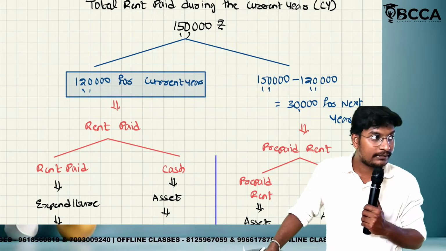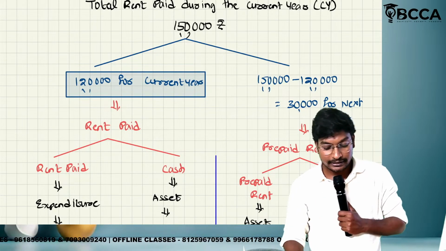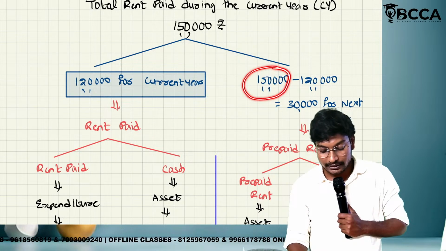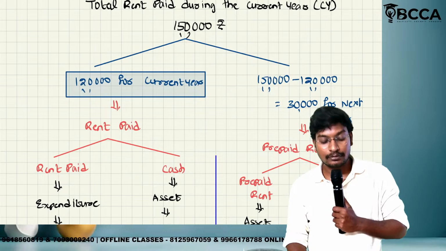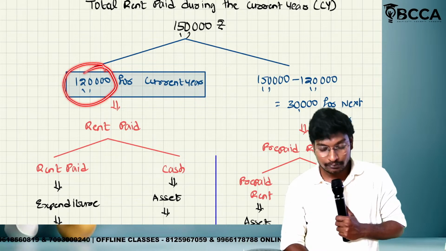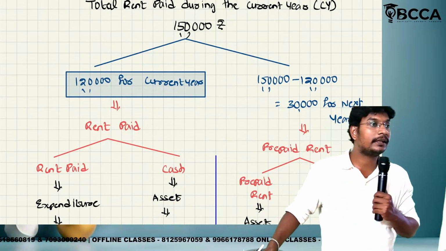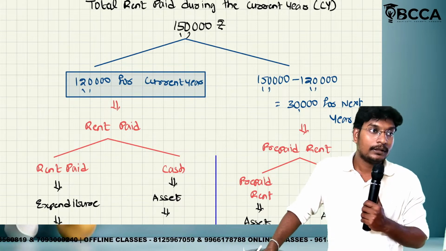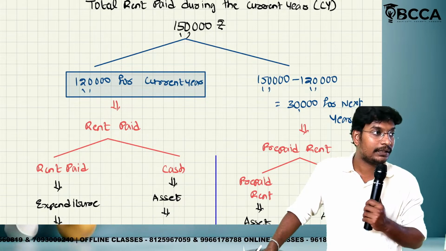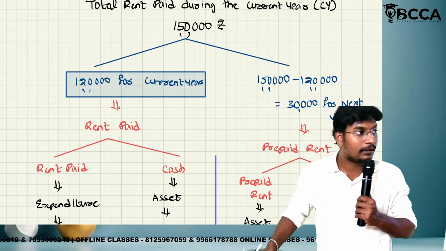As per cash basis, the rent is 1,50,000. As per accrual basis, the rent is only 1,20,000. That means total rent paid minus prepaid rent is the correct amount of 1,20,000, which will be considered as per accrual basis.